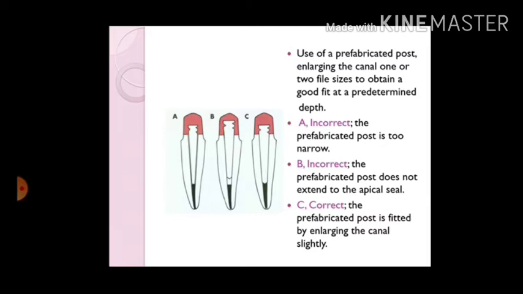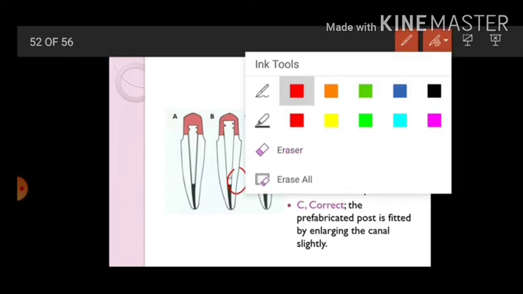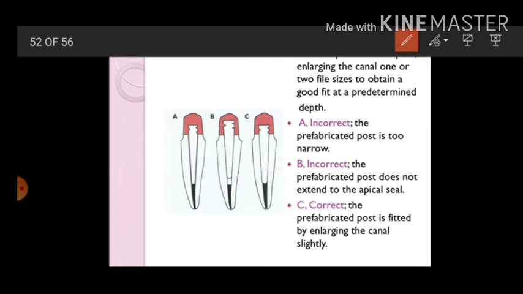Now let's go to number B. That is also incorrect due to the presence of a huge dead space. You can appreciate a dead space over here, which is due to the inadequate length of the post.